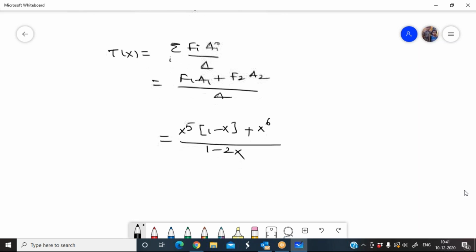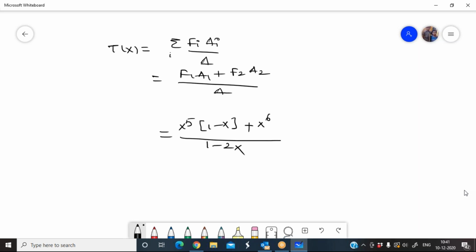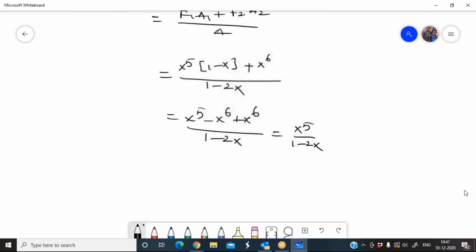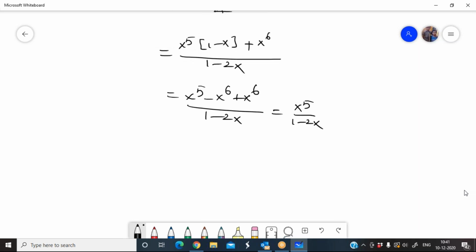1 minus 2x, and that equals x^5 minus x^6 plus x^6 by 1 minus 2x, and that equals x^5 by 1 minus 2x. Now you can write x^5 into (1 minus 2x) to the power minus 1.